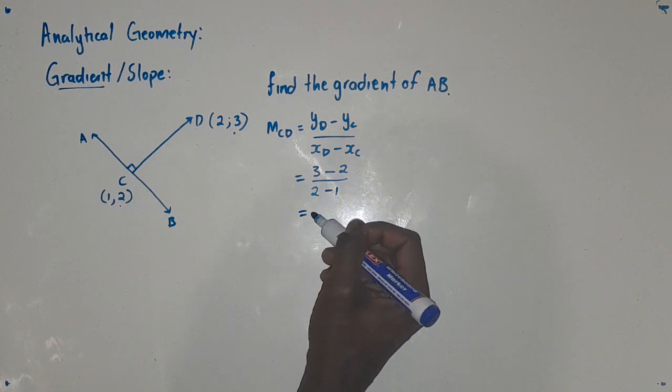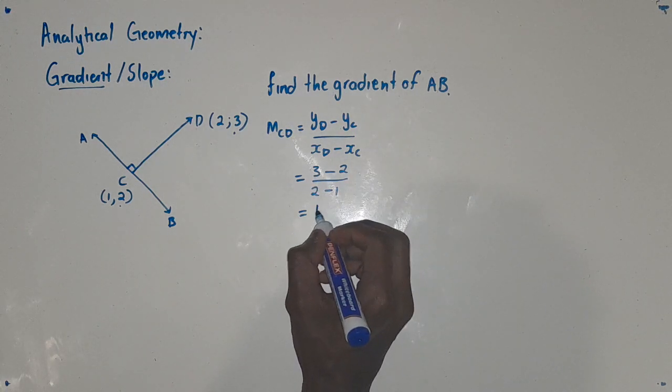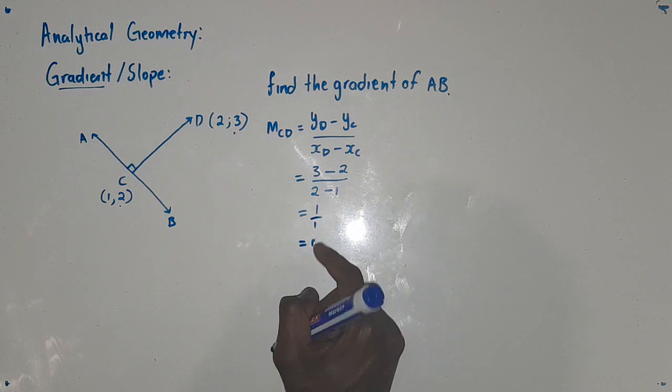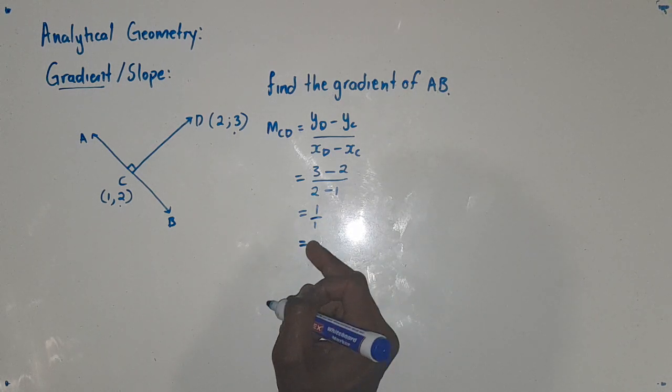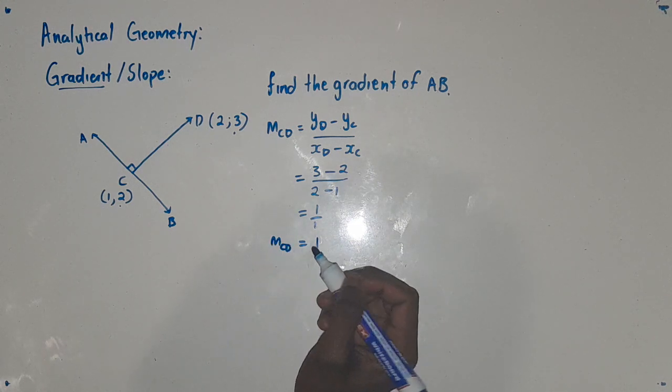This one is going to be simple. Then 3 minus 2, we get 1. We also get 1. Finally, our gradient is going to be 1 for CD.